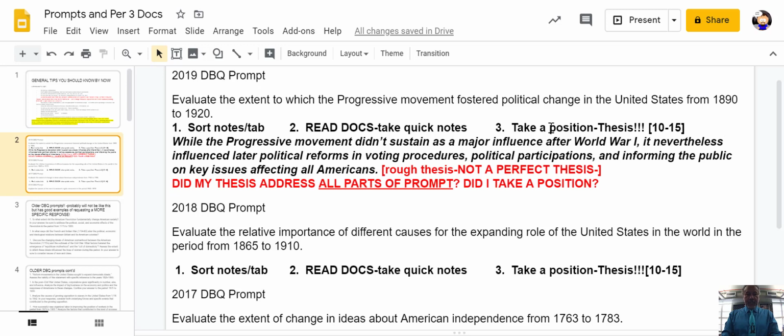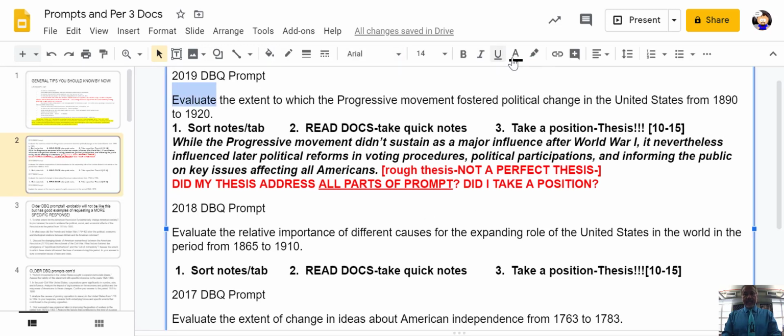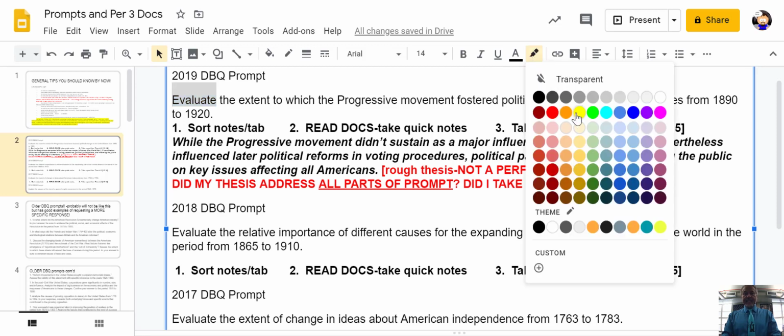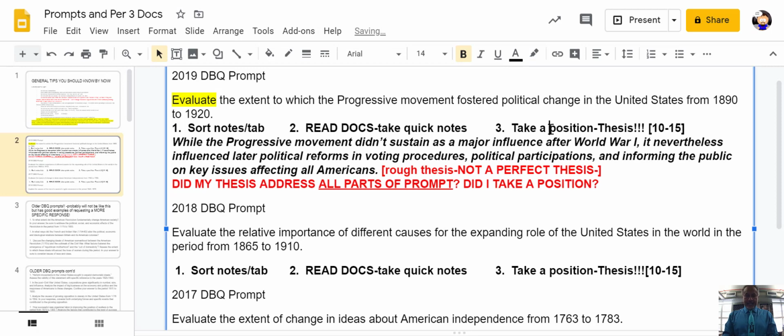Most of the time, you will see in the recent APUSH tests these words: evaluate or assess.